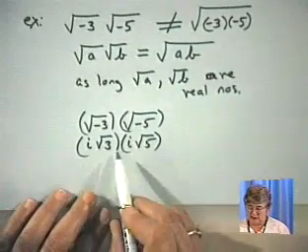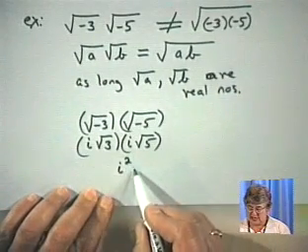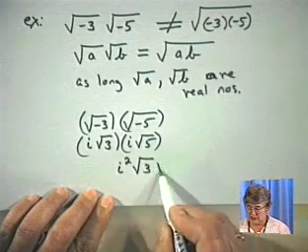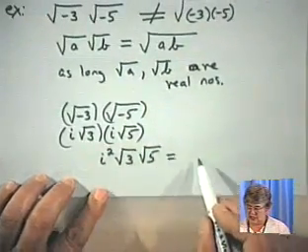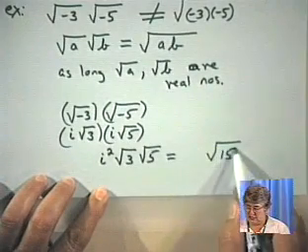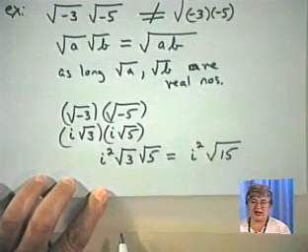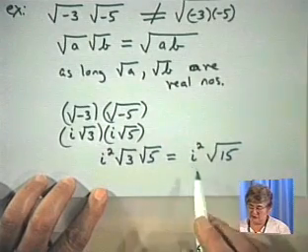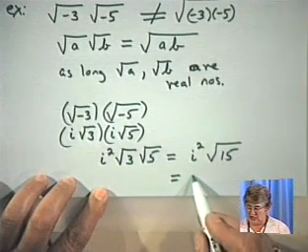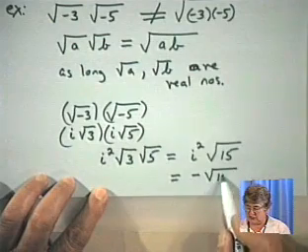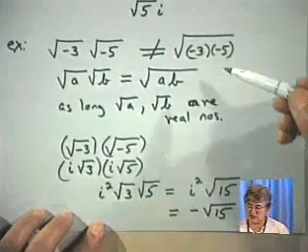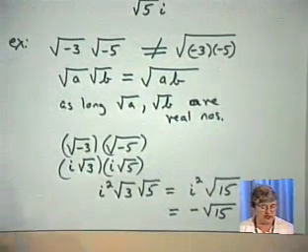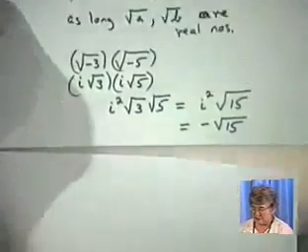But when we do that, if we multiply I times I, we get I squared times the square root of 3 times the square root of 5, and now we've got real numbers here, so that's going to be I squared, which is equal to negative 1, so this is minus the square root of 15. Whereas if you had misused the property, you would get the wrong answer when multiplying or dividing these numbers.